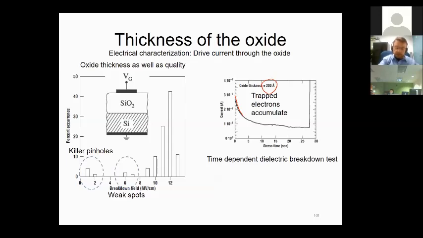You run the current, and there will be accumulation in the silicon dioxide, and after a while, based on the thickness, there's going to be another breakdown and the oxide will start to conduct. So you can estimate the oxide thickness based on the time that's needed.